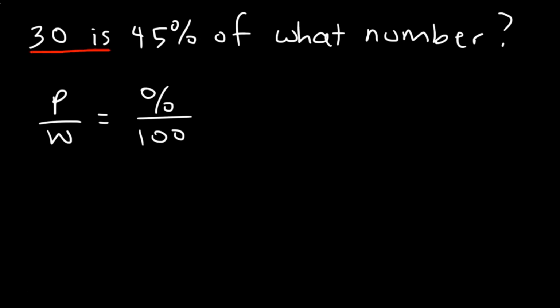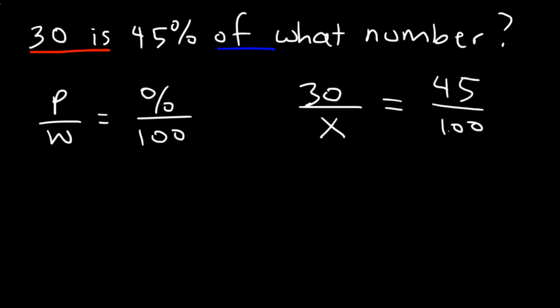It's associated with the word is. We're looking for the whole, which is also known as the base. We're looking for the number that's associated with of. So 30 is p, the whole, or the base, is x. The percentage is 45.